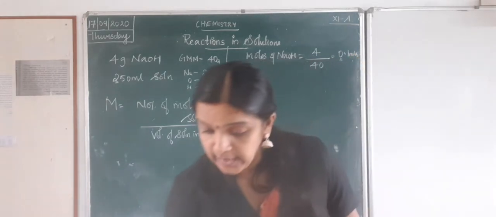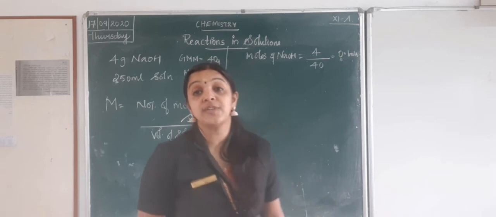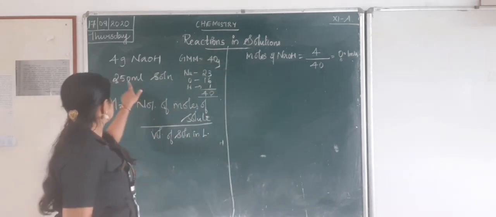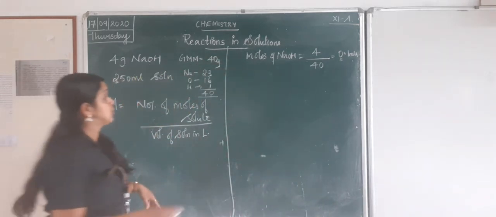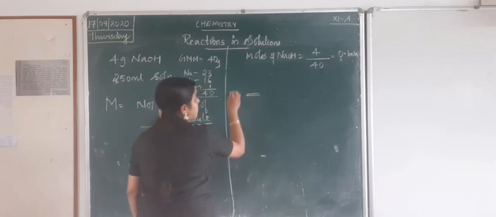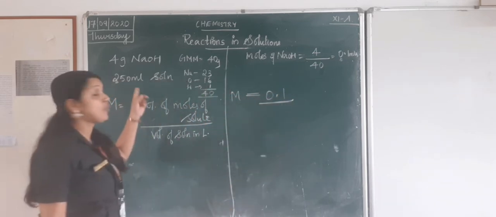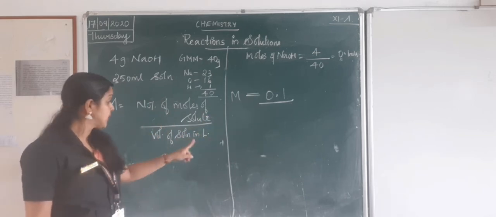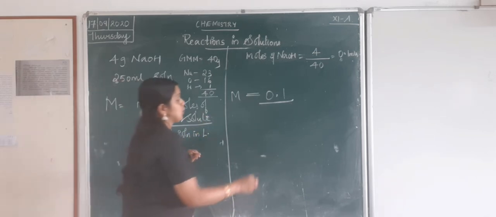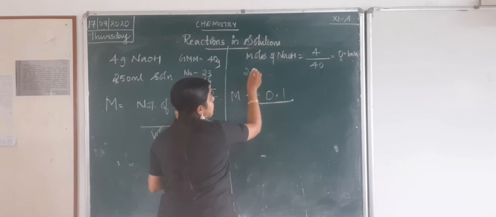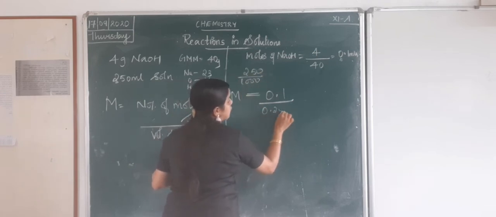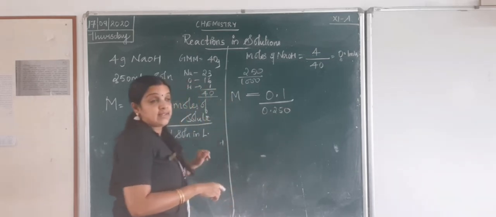Okay. Now once you get your 0.1 mole, I should divide that by the total solution given. So I will calculate M is equal to 0.1 divided by, can I put 250 ml there? No, it should be in liters. So it will be 250 by 1000, which is 0.250, right?